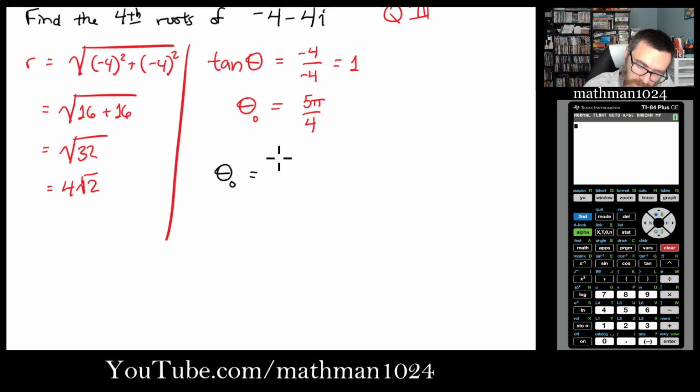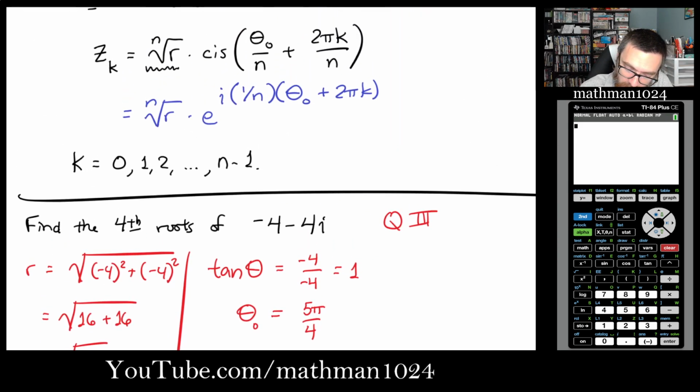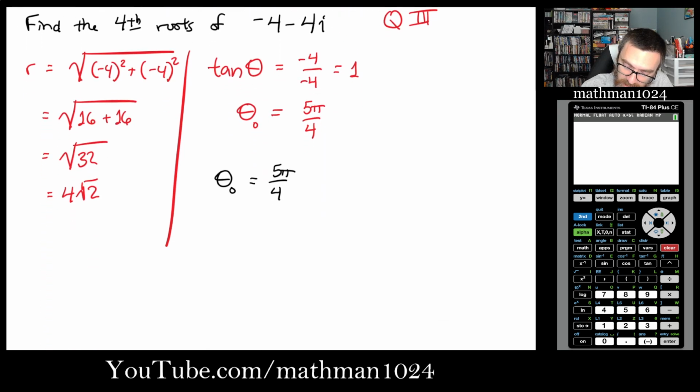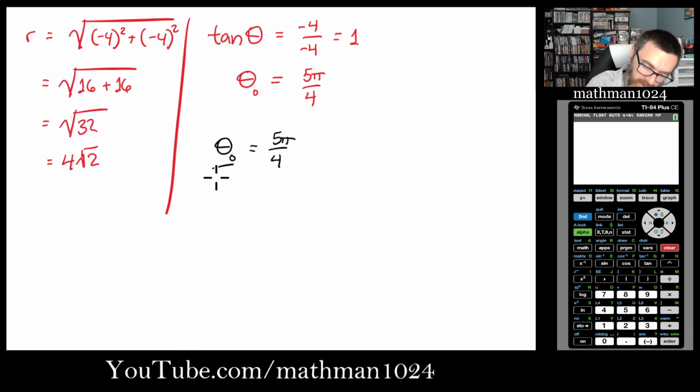So your theta sub 0 is 5 pi over 4, but then we have to divide that by n. So it means we have to divide this by 4 because we're doing the fourth roots, and that gives me 5 pi over 16.